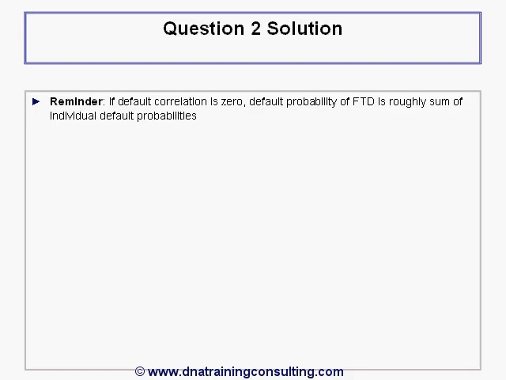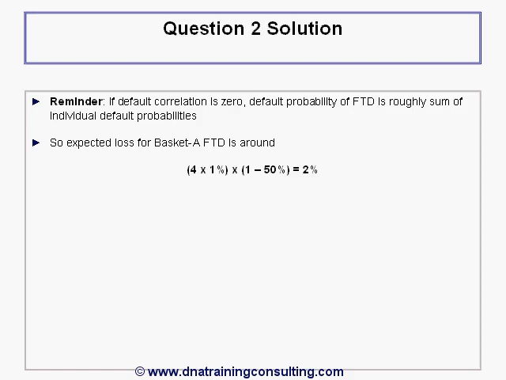And this can be extended to the case with 4 reference entities, such as we have for basket A. Thus, the expected loss for the basket A linked FTD is around 4 times 1% times 1 minus the recovery value, which is equal to 2%.